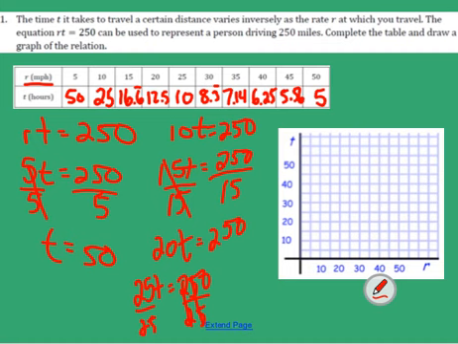Then we have this thing to graph. When we graph it, 5 is the rate, it takes 50 hours.